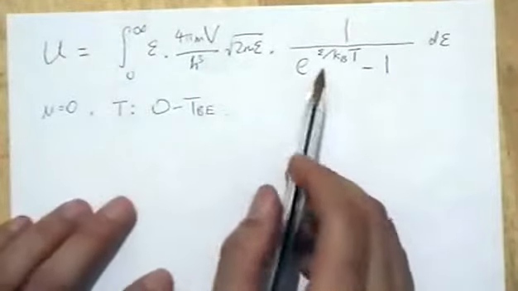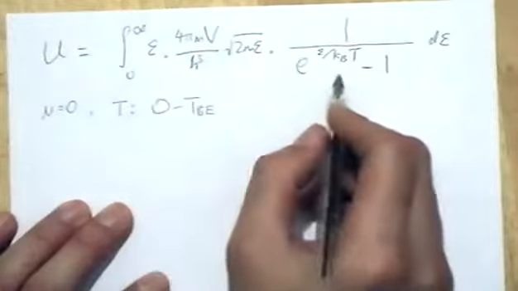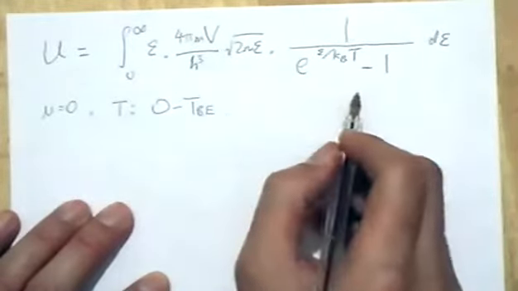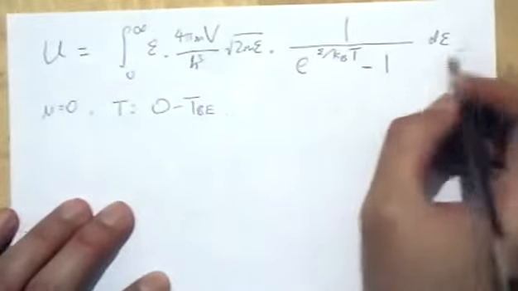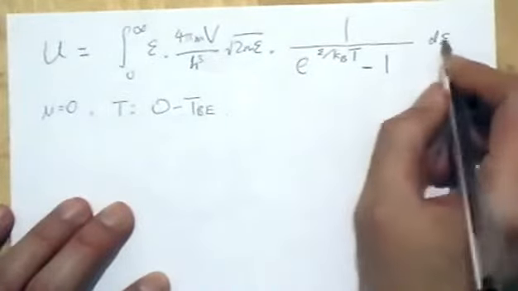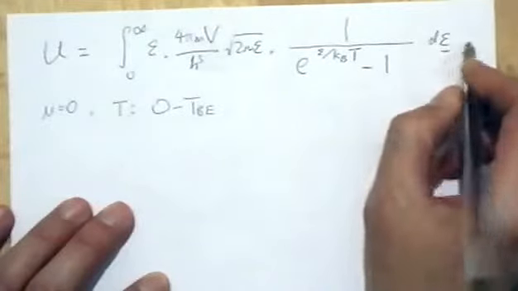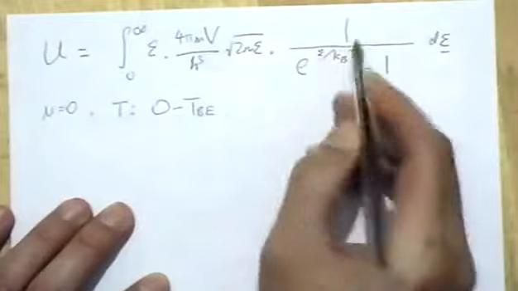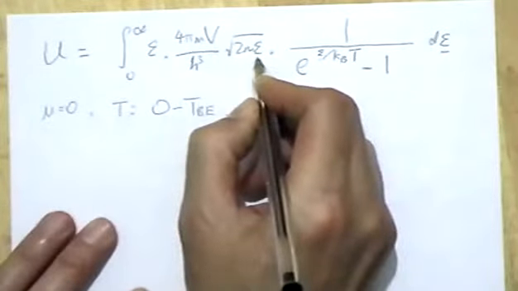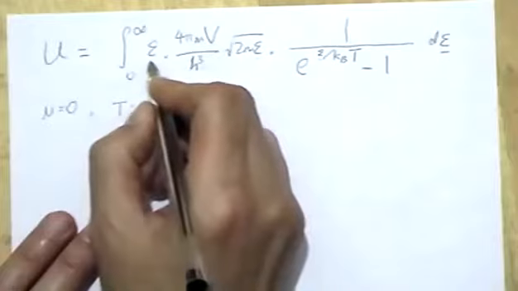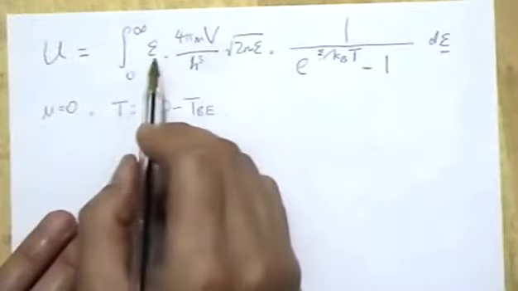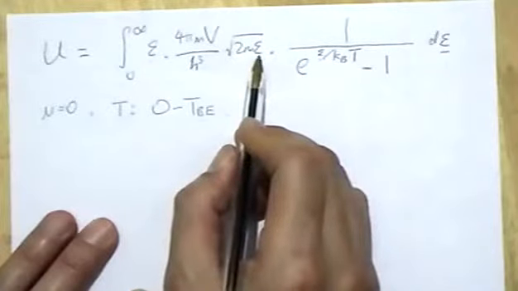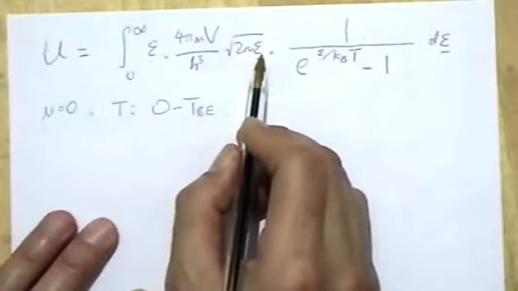So how can we integrate this? Well, let's look at where the variables are. So the variable is E. That's the integrating variable, and we can find E there. We have an E to the power of half there, and we have an E there. So E times E to the power of half is E to the power of 3 halves.